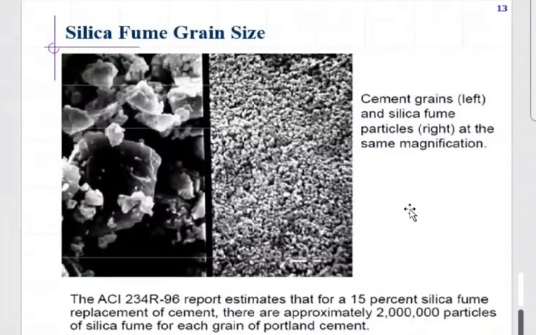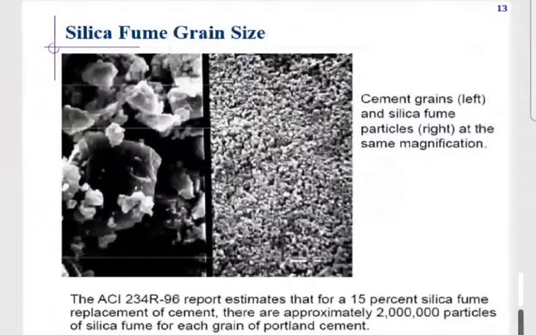According to the ACI 234R report, you can go up to 15% replacement of cement. So if you have 100% cement in a concrete, you can reduce it by up to 15% with silica fume. And the most important thing is that with each grain of Portland cement, there will be about 2 million particles of silica fume.